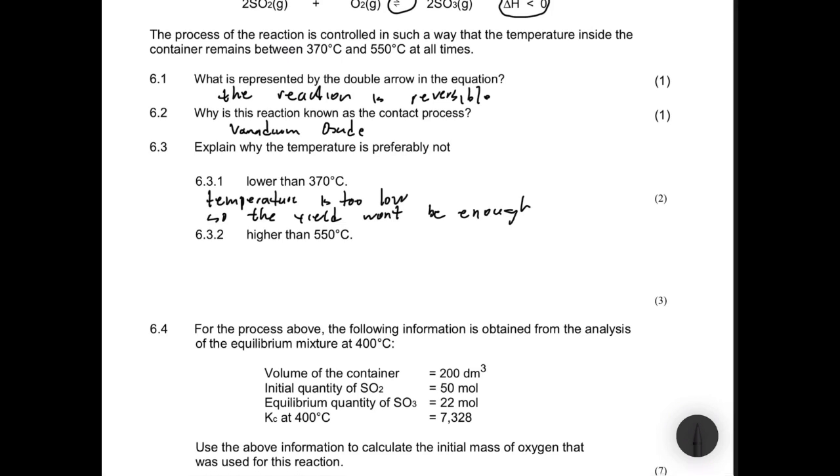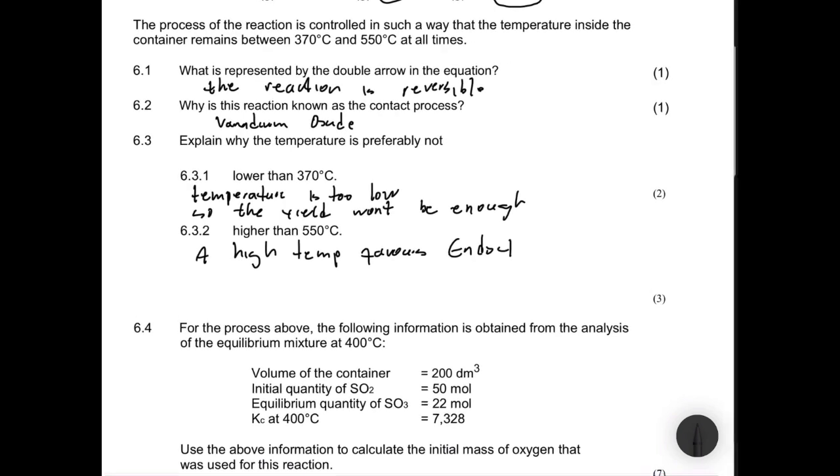So here we're saying that a high temperature favors an endothermic reaction, right? Endothermic reaction. And then clearly the reverse reaction is endothermic, right?